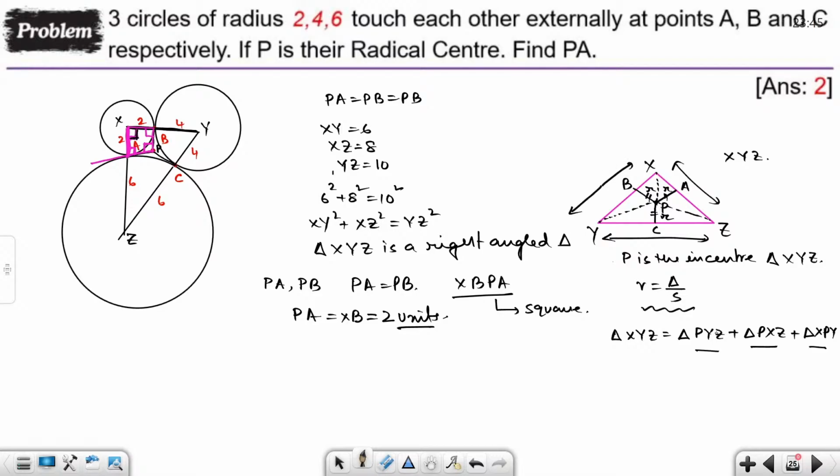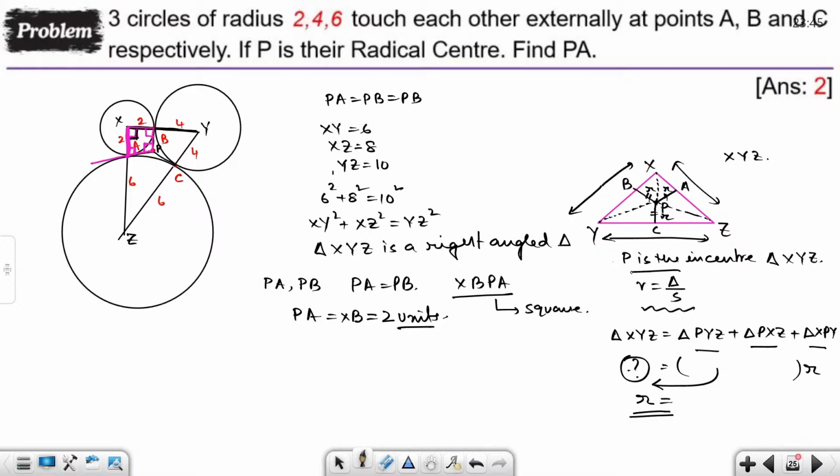Yes or no? So, half into base into height, everywhere you are going to have R. So, I will take that R common and this area we know. So, from this equation, we will simply find out R. That is, whatever area we got divided by this part will give us R.